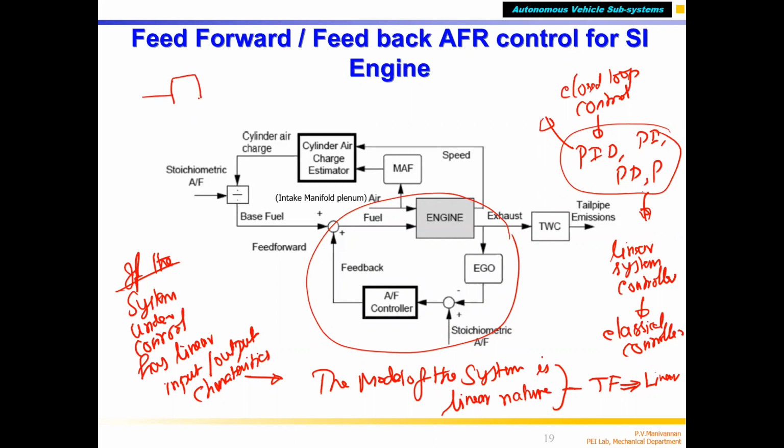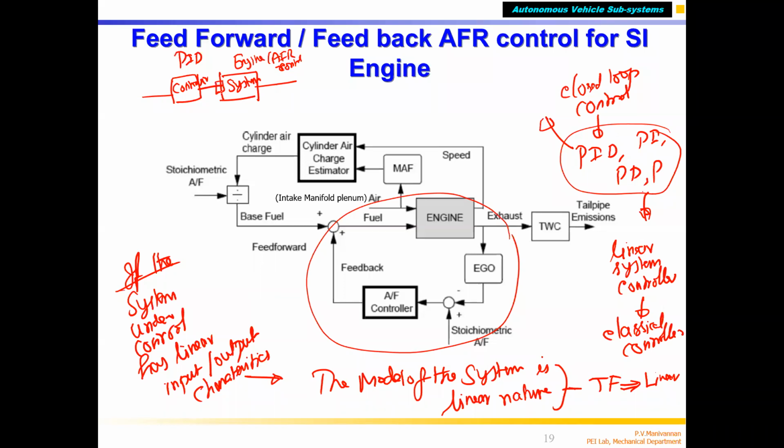So if you talk about closed loop control, later we'll see somewhere, you have a controller, for example PID control, and the controller output is given to the system, correct? In this case, what is the system? You take the engine. What do you want to control in the engine? Air fuel ratio, AFR control, correct? So how are you controlling it?